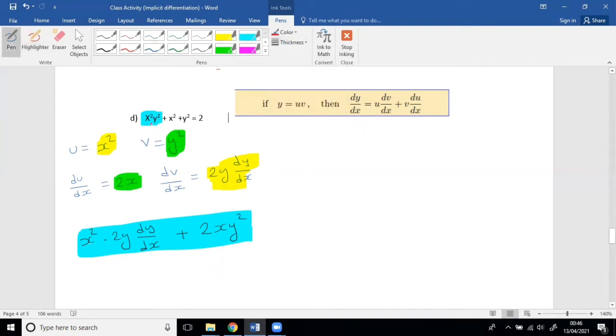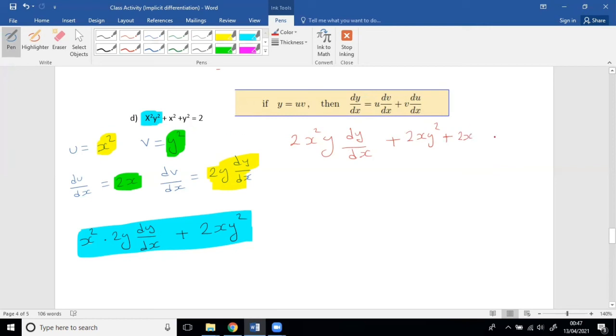Now we know that the differentiation of x squared y squared, if I simplify this, is going to become 2x squared y dy over dx plus 2x y squared plus, now the differentiation of x squared will become 2x.